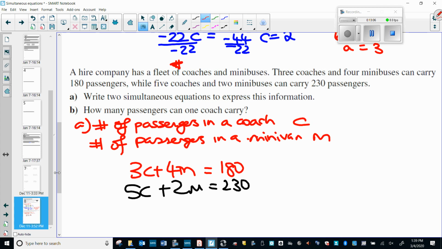If you like, I'm sort of sidetracking here, but what's a coach? It's a bus. It's a fancy bus. I read that and thought, wait a second, why? I thought of soccer coaches, sports coaches. I thought that first.